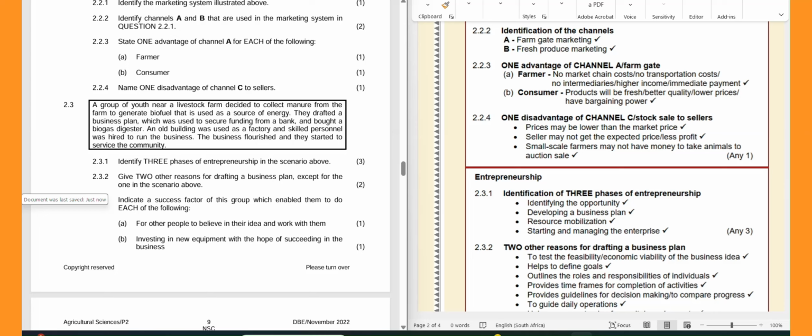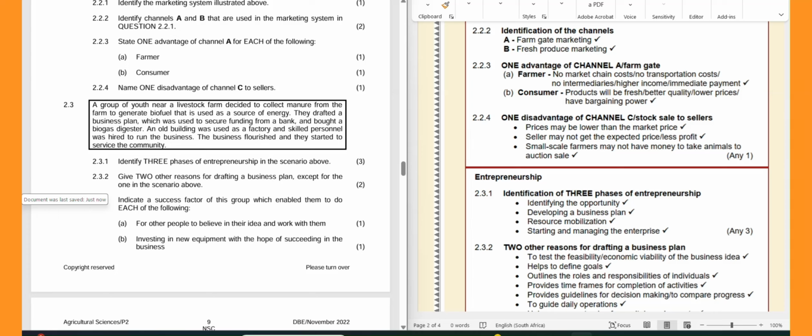Meaning the seller might be expecting to get maybe 100,000 rand for the bull. Let's say that was his or her best breed of a bull.